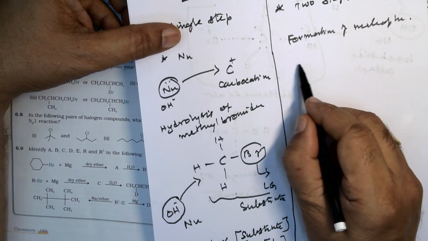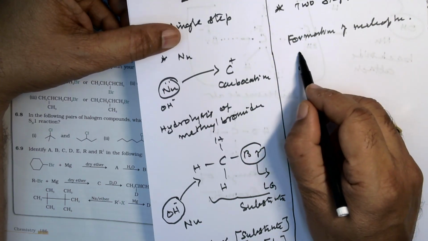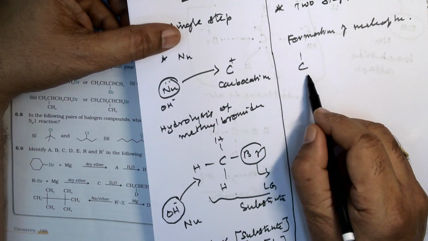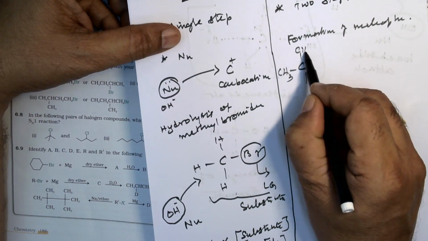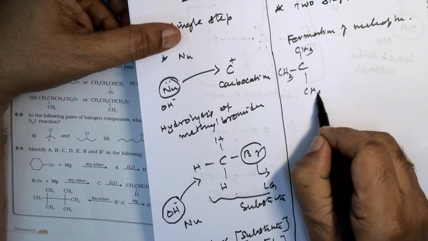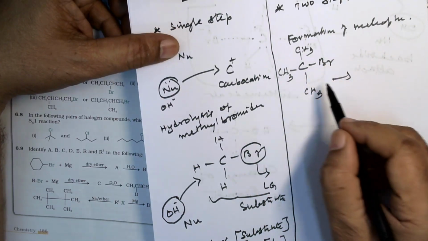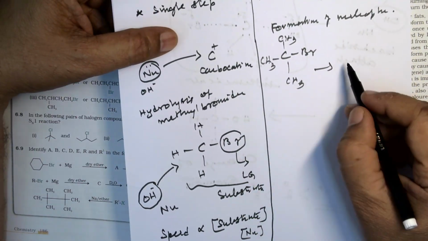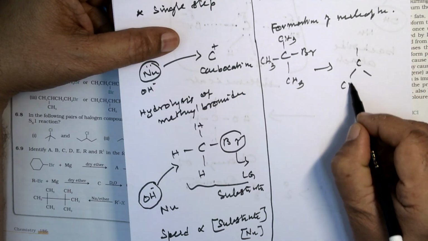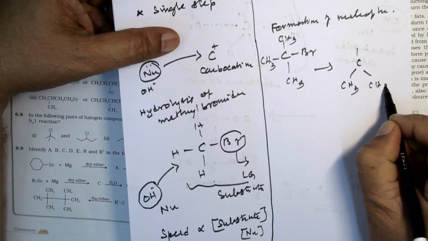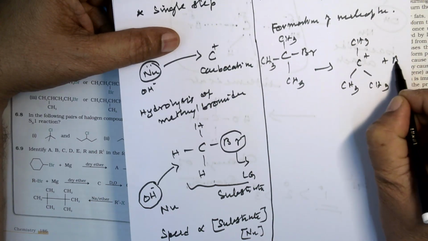So here what happens? This is in the case of tertiary. So let us have CH3, CH3, CH3, and Br. In this case, because of the bulkiness of the alkyl group, it becomes C(CH3)3 plus Br minus.